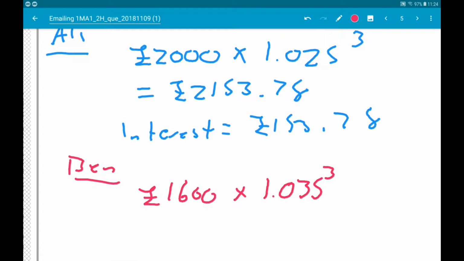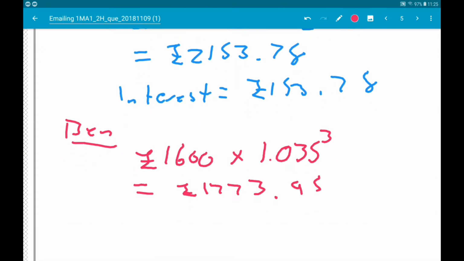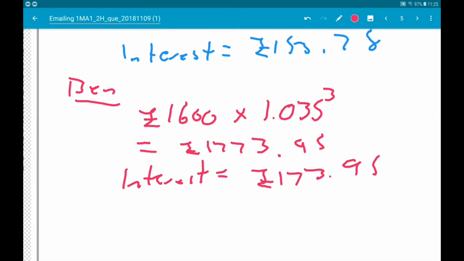And that gives us £1,773 and 95p. So his interest is £173.95. So Ben gets more interest.